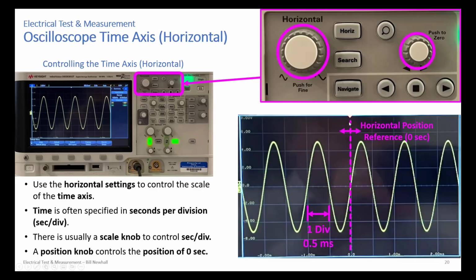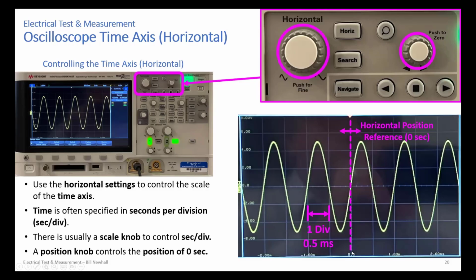Okay, so right here you can see that there's this triangle up at the top, and we'll talk about triggering, but that's where the scope was triggered, and that's time 0 on this plot. And you can adjust the position. You can move that waveform left or right by moving this position knob. And it says push to 0 if you want to center the waveform at center time 0 in the middle. You push that button in, push that knob in.